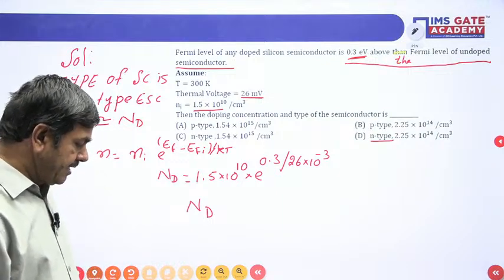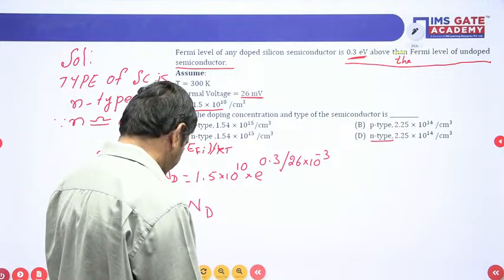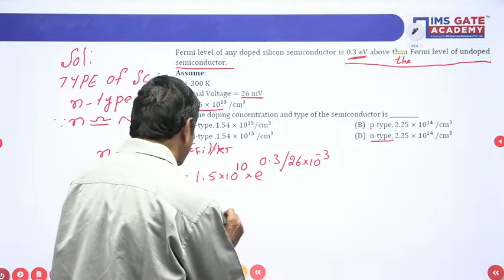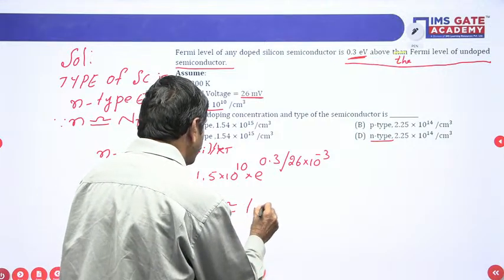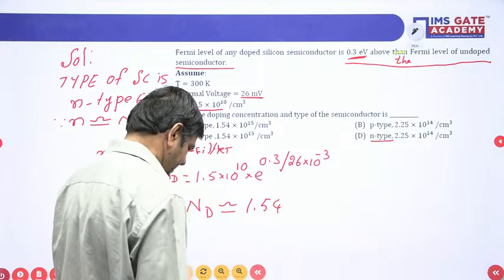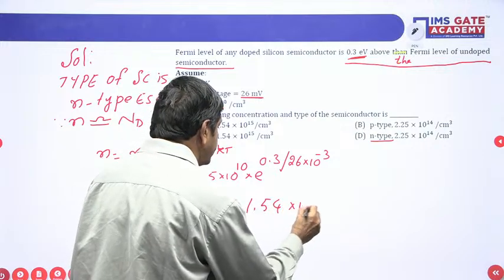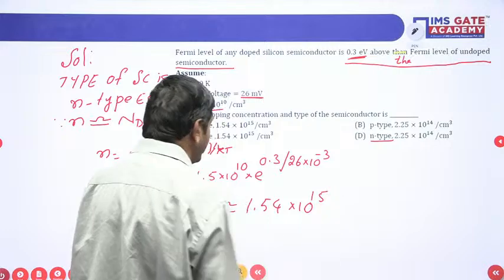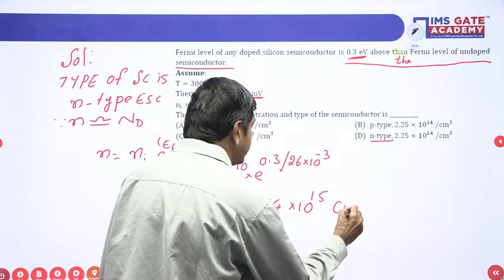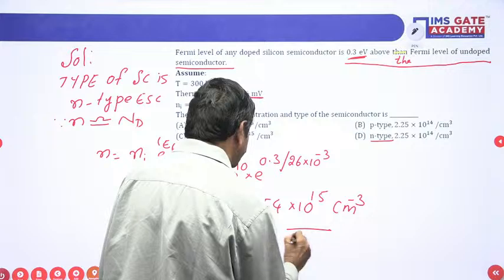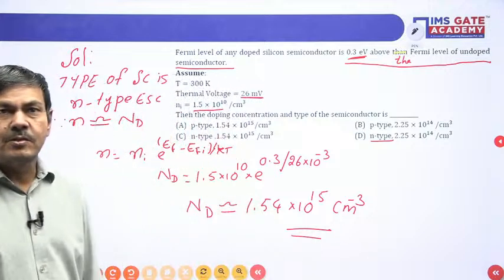Its value is approximately equal to 1.54 into 10 power 15 per cm cube. This is the solution for this question.